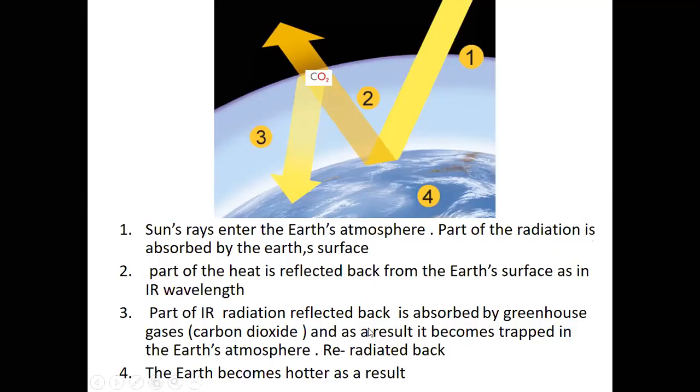So here now you can see, as a result of it, the heat becomes trapped, and it is re-radiated back towards the earth's surface. Because of that, the earth becomes hotter.